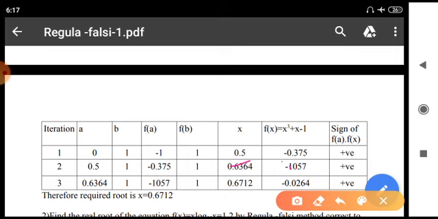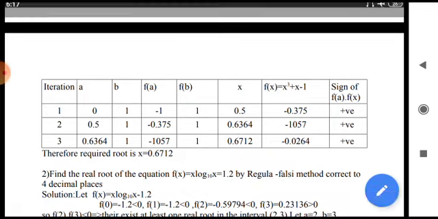Again, the sign of f of a into f of x is positive. If the product is positive, we write the x value under column a. Again we will write this.